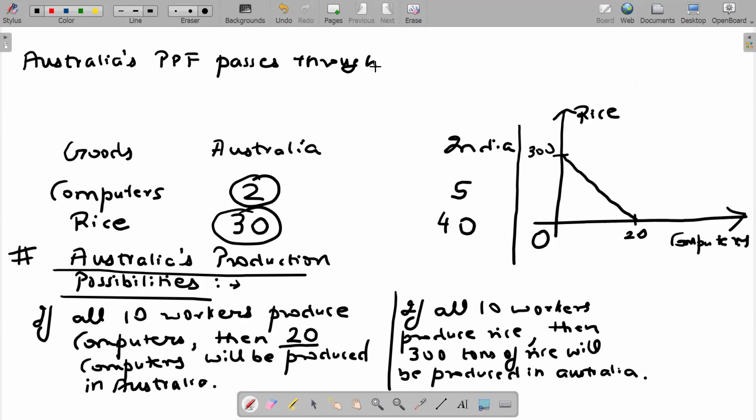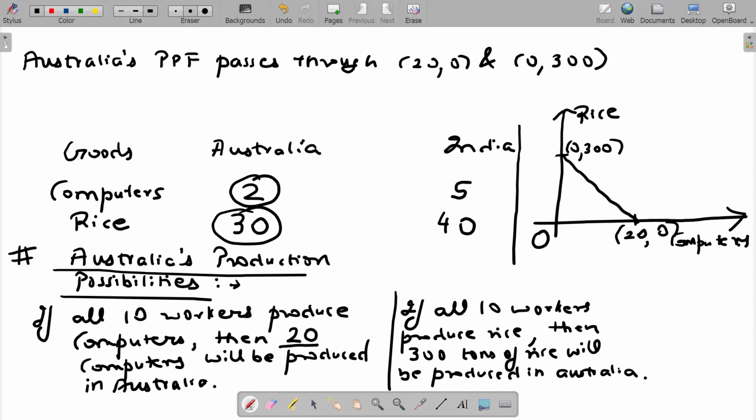One point is 20, 0, these are the coordinates of this point, and the vertical point is 0, 300. So Australia's production possibility frontier passes through 20, 0 and 0, 300.